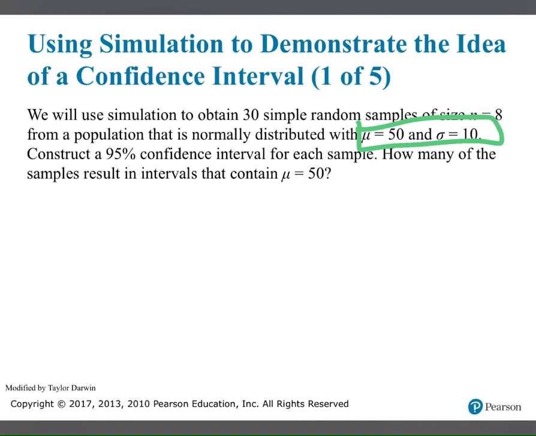Construct a 95% confidence interval for each sample. How many samples resulted in intervals that contain 50? So let's just say theoretically we did a confidence interval 30 times, and we want to see how many actually contain the real population parameter, the real population mean of 50.